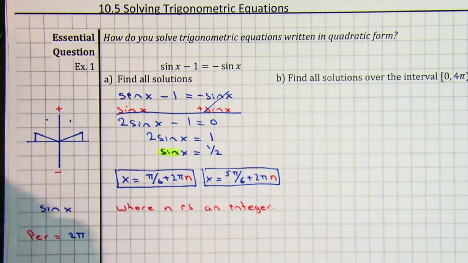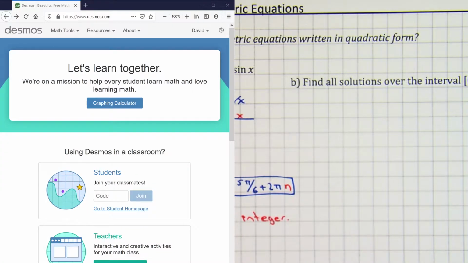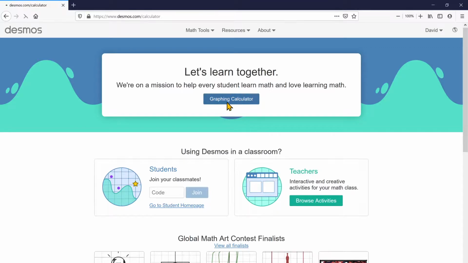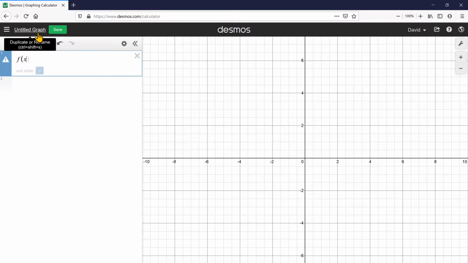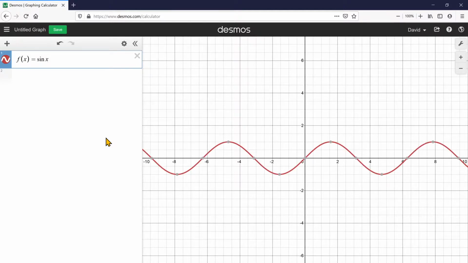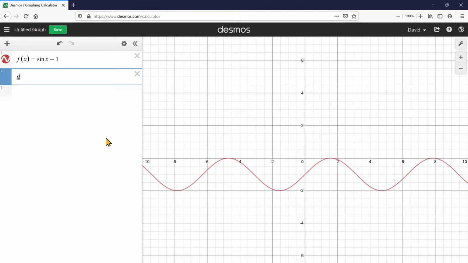So let's go through and use the graphing calculator. We are going to use decimals. So if I go into decimals, graphing calculator, I can take the time to type in the solutions or find the solutions by using the intersection method. Negative sine of x.